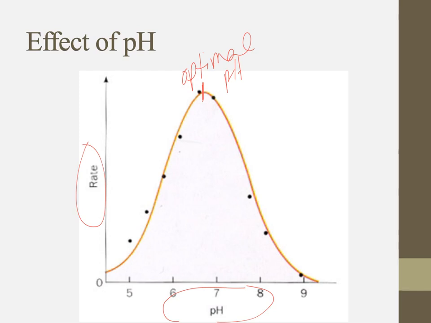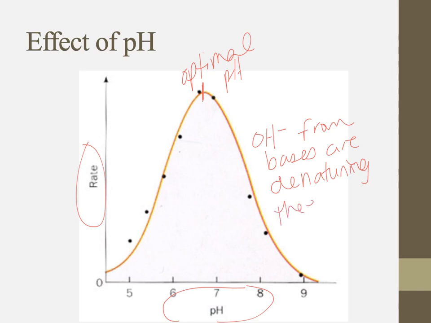Up here in these high pHs, these are bases, and the hydroxide ions from the different bases are denaturing the proteins. So hydroxide ions from bases are denaturing the enzyme. So it's ruining permanently the shape of that enzyme.